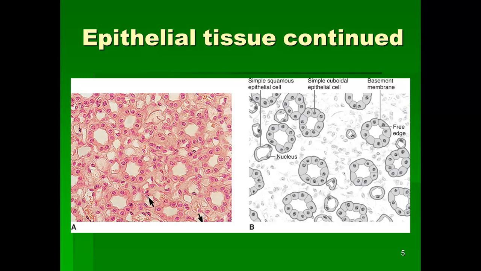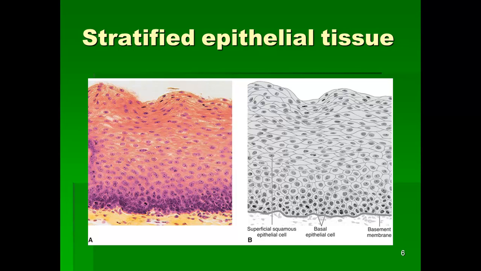And then you also look at the basement membrane of that group of cells. In this micrograph, once again, you're looking at a basement membrane and cells that are very close to the basement, called basal epithelial, and then more superficial squamous epithelial cells distal to the basement area.